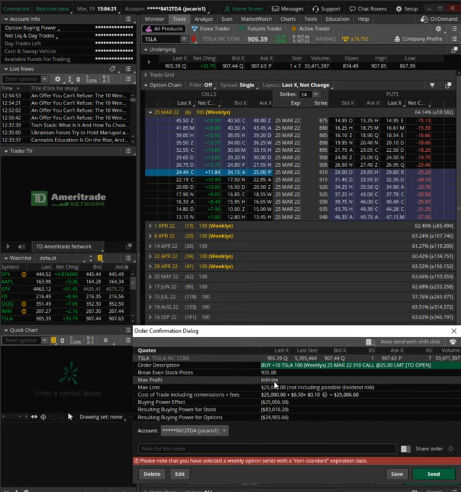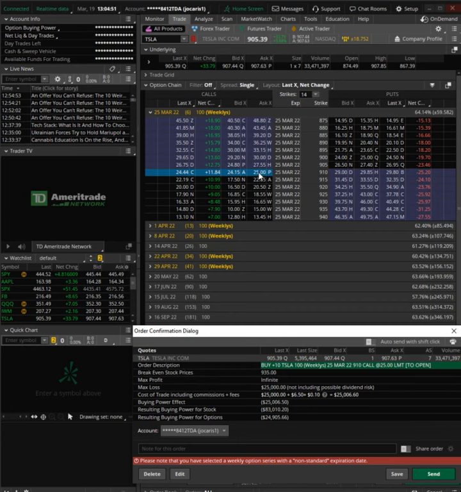As you can also see here, it has a max profit that says infinite. The reason why that is so is because as this stock continues to go up in price, you will continue to make more money. So if in this particular trade you said, okay, I believe Tesla, because it's trading at 905 right now, is going to get well beyond the 935, then you're going to make money on top of whatever dollar amount it goes above $9.35.